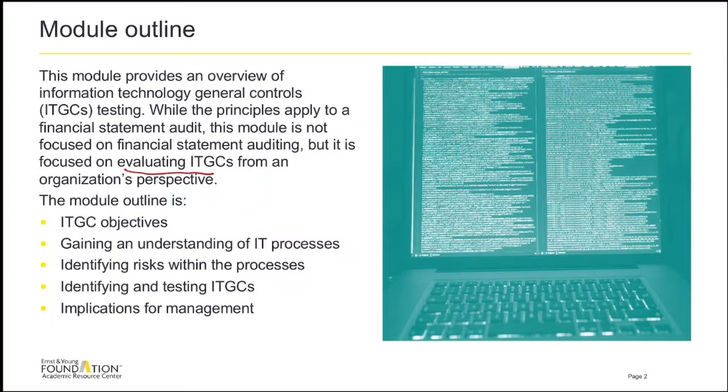So the outline is: what are the ITGC objectives, gaining an understanding of the IT processes, identifying the risks within the processes, identifying and testing ITGCs, and what are the implications for management.